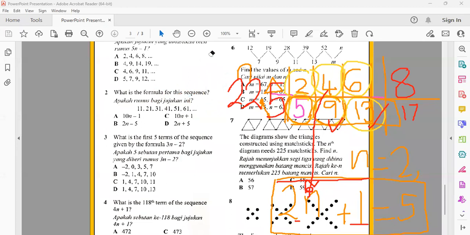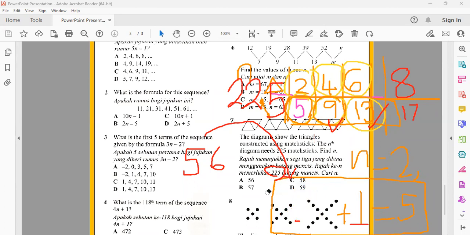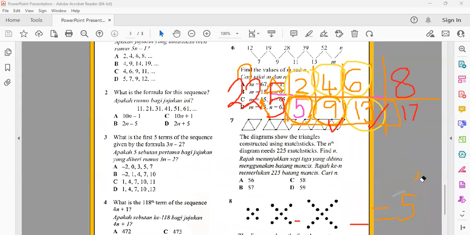Anybody? Let's try if it's 56. So put 56 into this 2n. Will you get 225? I don't think so, right? Any of these numbers also won't give you that. 2n plus 1.